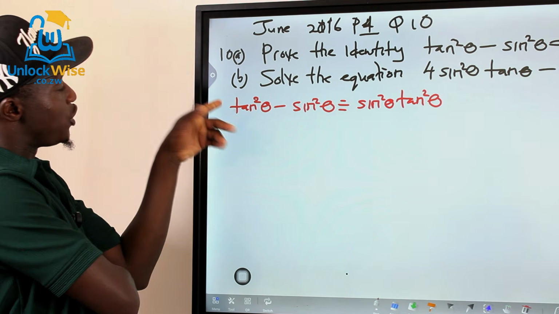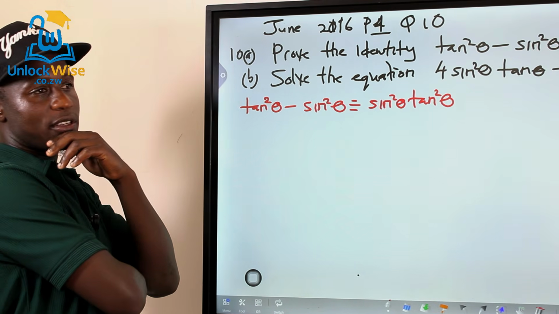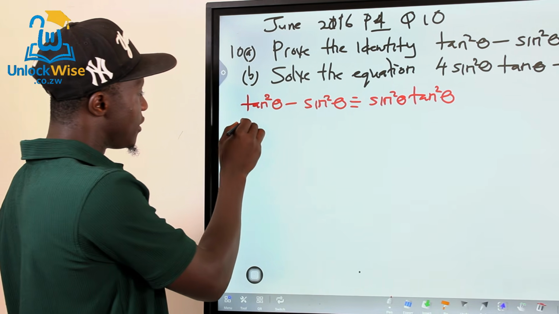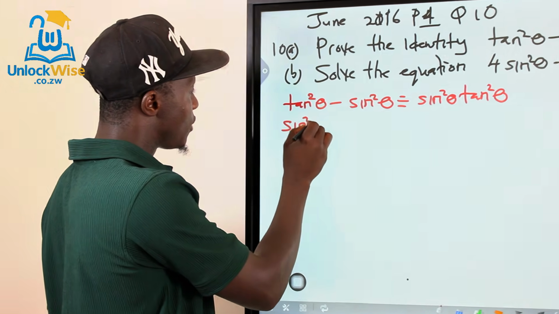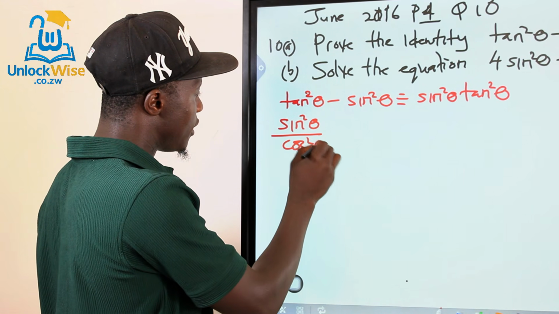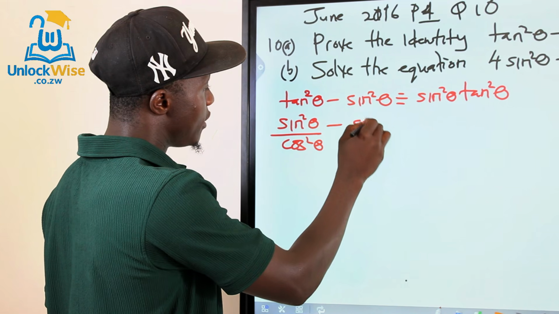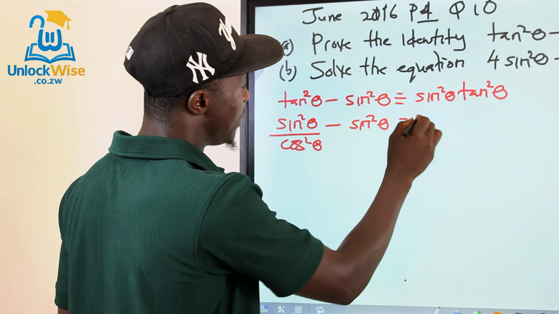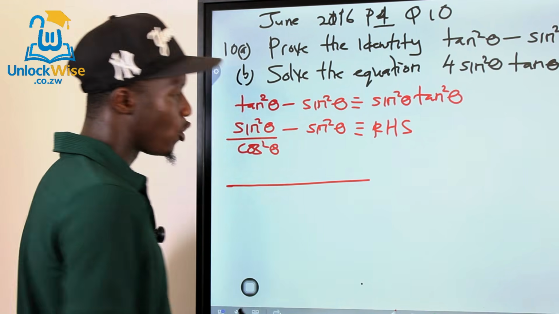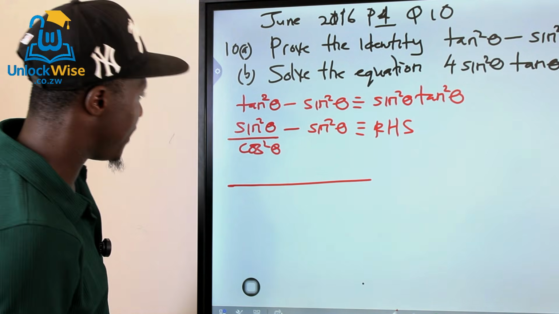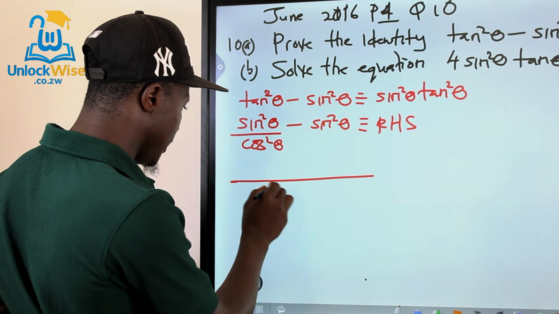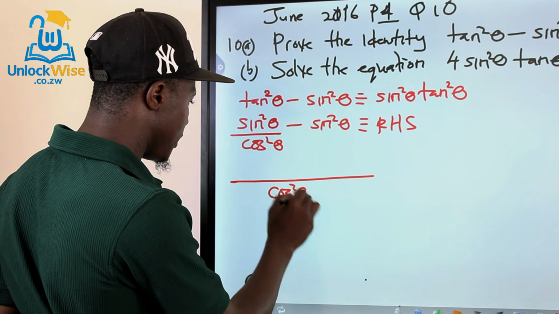First and foremost, we need to change this tan squared theta to the identity. Tan squared theta is equal to what? Sine squared theta over cos squared theta, minus the sine squared theta, is identical to the right hand side. Now we need to look for the common denominator. That's cos squared theta.